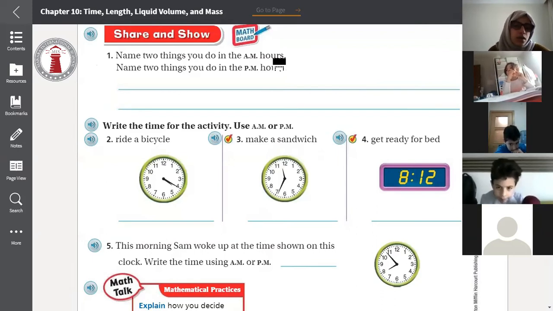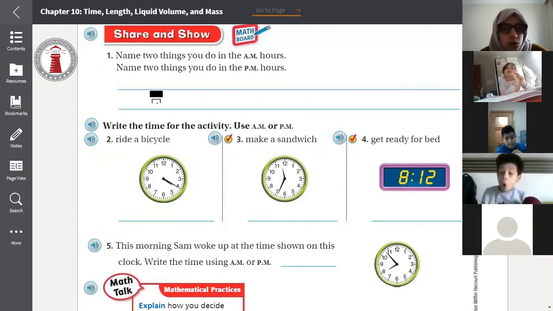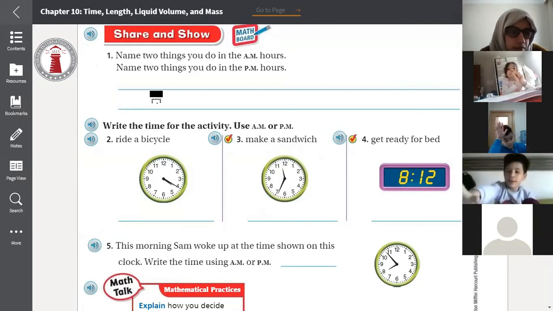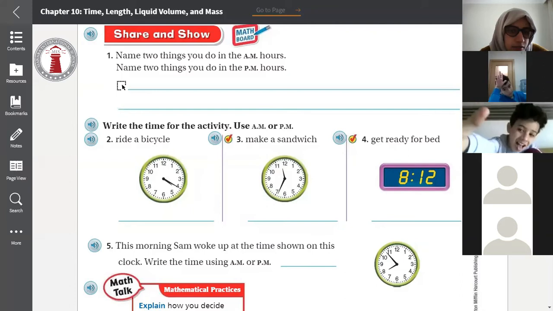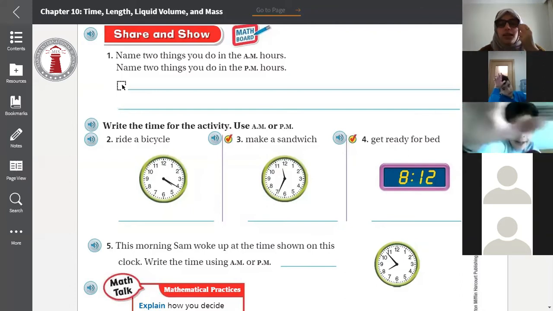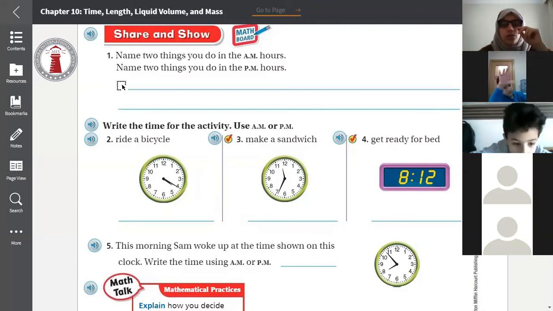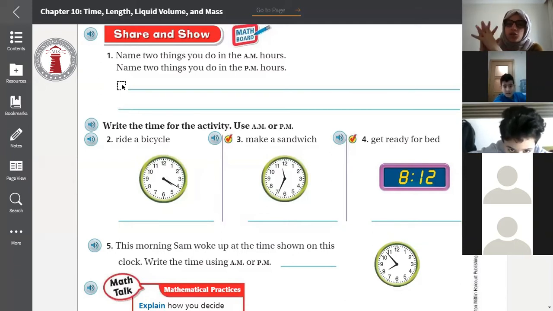So I'm going to choose here a few people to help me with this one. Yusuf. They're telling you to name 2 things you do in the AM hours. So AM hours is from the middle of the night until 12 in the middle of the day. So what do you do in the AM hours, Yusuf?